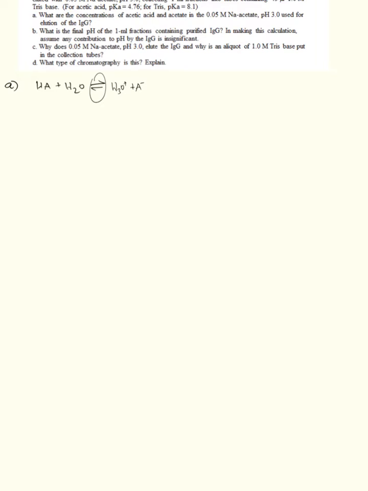And that is basically a mixture. And whenever you have a mixture, your mind should think Henderson-Hasselbalch. This is the formula: pH equals pKa plus log of the conjugate base over the concentration of the original acid.